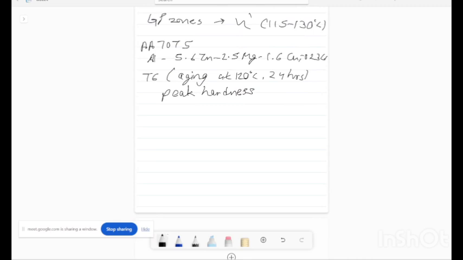So in the 7000 series alloy, quenching rate also influences the formation of eta prime and eta precipitates. If the quenching rate is low, then eta prime and eta will form directly without the formation of GP zones, and they will form at the grain boundaries and dislocations.